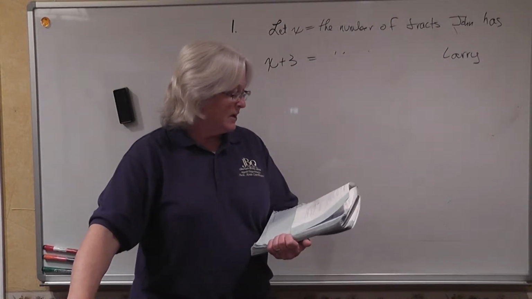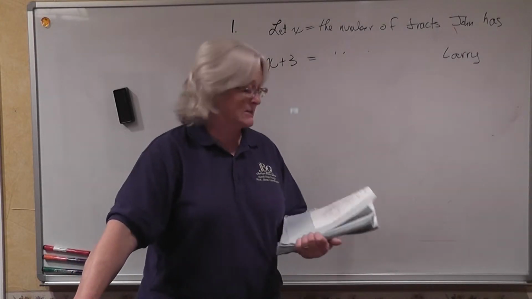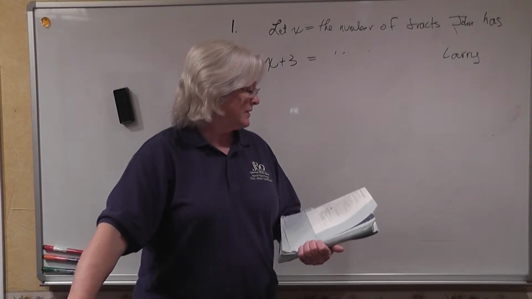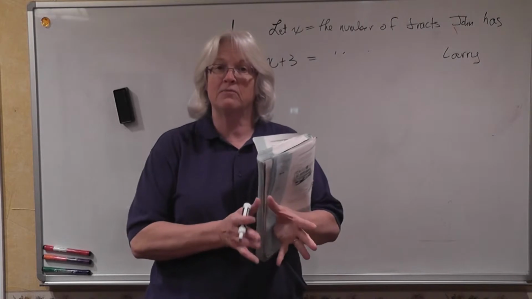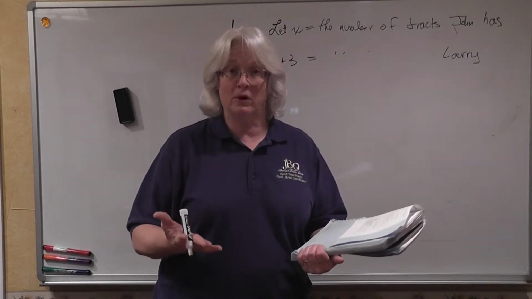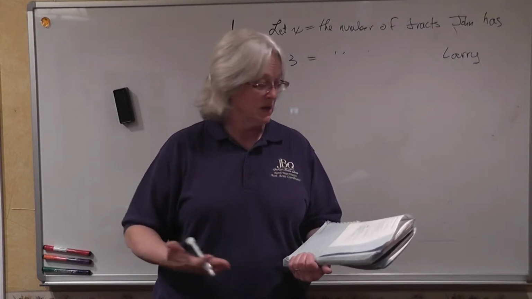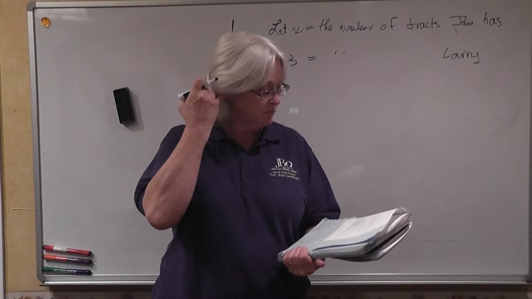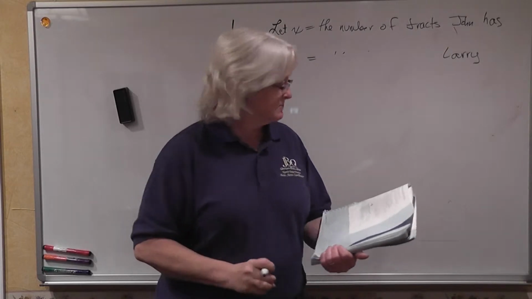Next we have, there are 4 times as many bikes as there are cars in the lot. Represent the number of cars and the number of bikes. And we're going to use the same variable here. So again, look here and see, what do they have more of? Do they have more cars or do they have more bikes? Okay, they have more bikes.